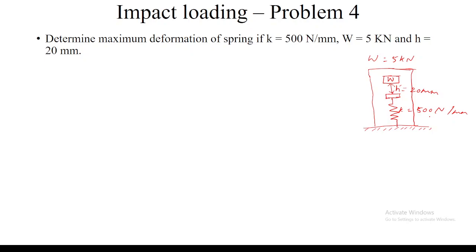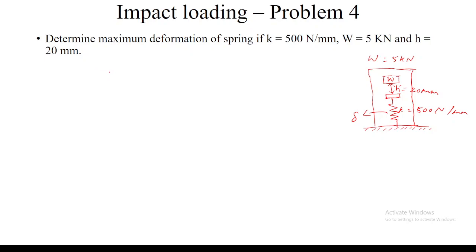In impact loading, the basic formula is that we first have to find the delta static, the deflection considering W as a static load. When we consider W as a static load, how can we find the deformation of this spring? Can anyone say the relation between the force applied, the spring constant and the deflection?